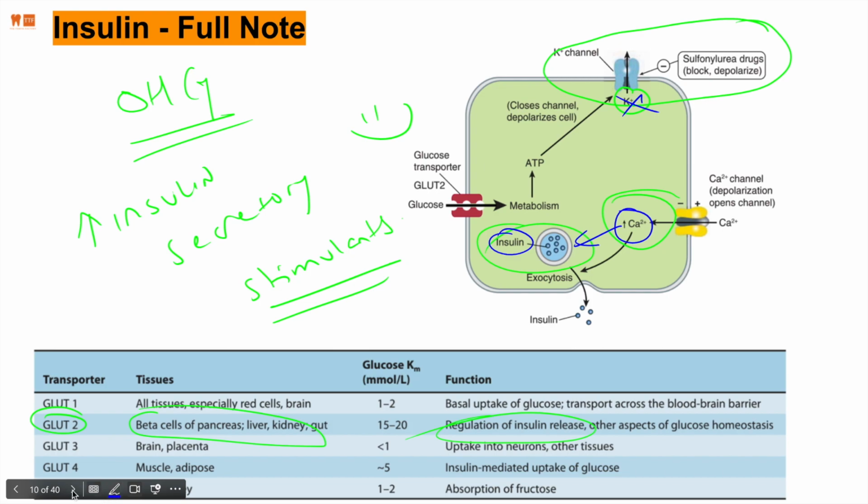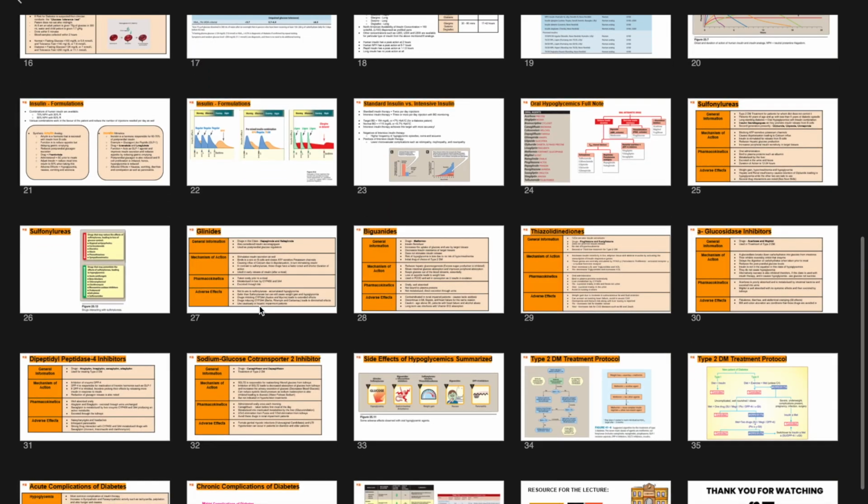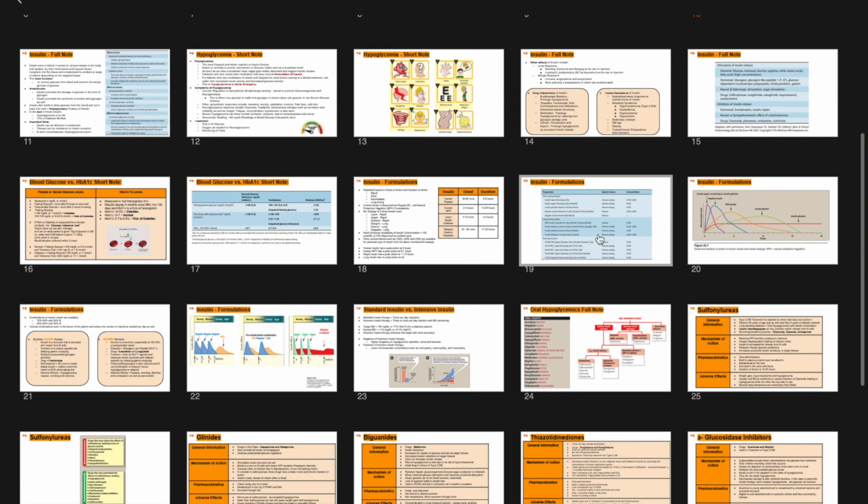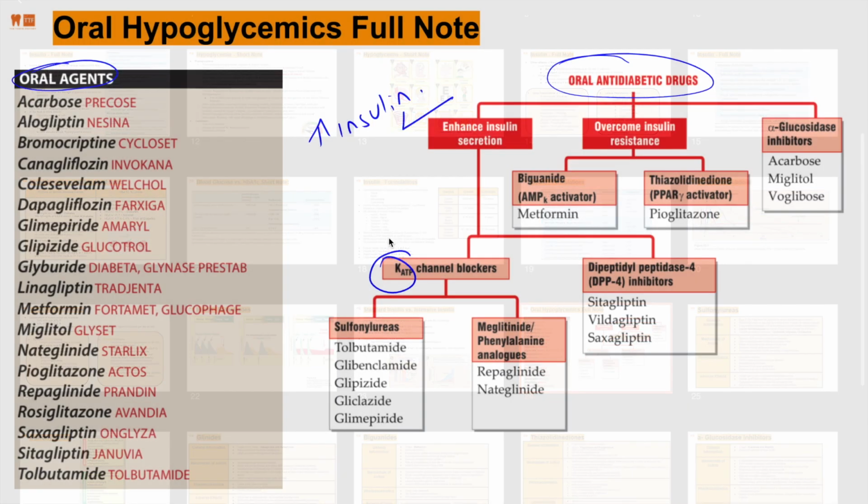Okay? Now, because of that, when we want to induce the release of insulin, then we need to be able to block this potassium channel. Once they're blocked, calcium moves in, insulin gets out.